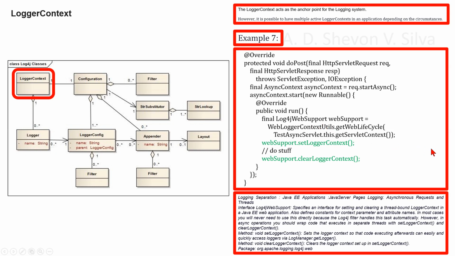Log4j provides a simple mechanism for binding the logger context to asynchronous threads. In some special circumstances, the simplest way to do this is to wrap the Runnable instance that is passed to the AsyncContext.start method.